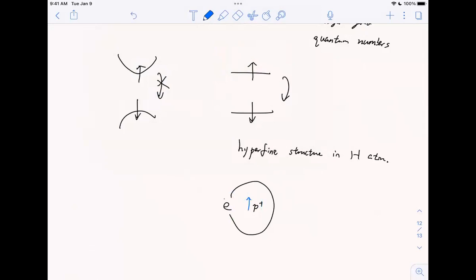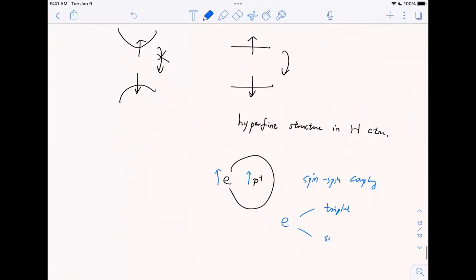So the electron can have a triplet state and the singlet state because of the spin coupling between the proton and electron. That gives a very small splitting, like two spins interact very weakly. So they will have a splitting of about 21 wave number.